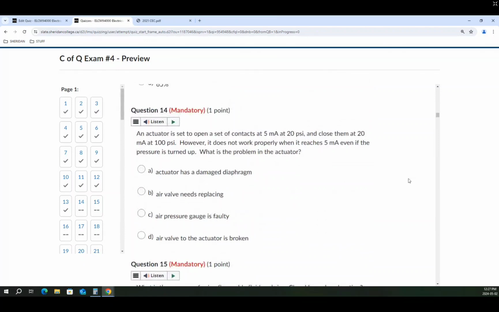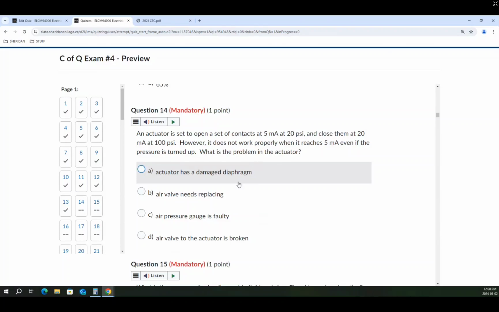Number 14, an actuator is set to open a set of contacts 5 milliamps at 20 psi and close them at 20 milliamps at 100 psi. However, it does not work properly when it reaches 5 milliamps, even if the pressure is turned up. What is the problem? So it just tells us that it's not working properly when it's at its low signal.